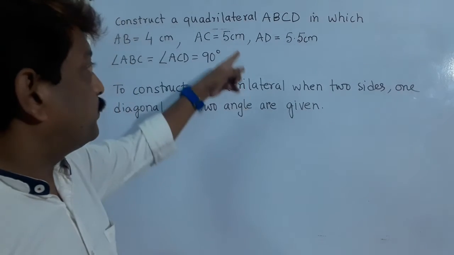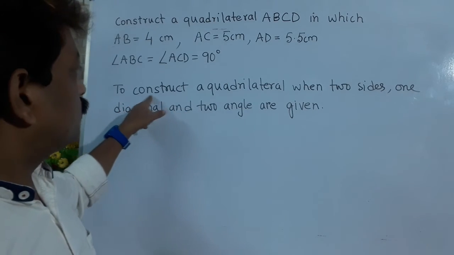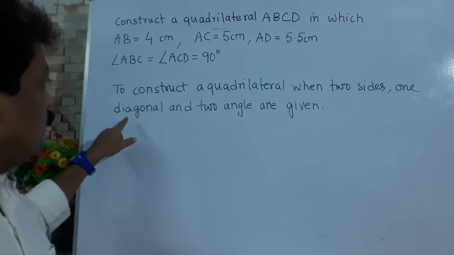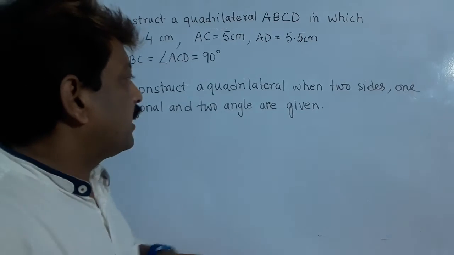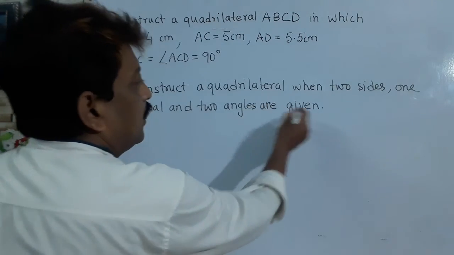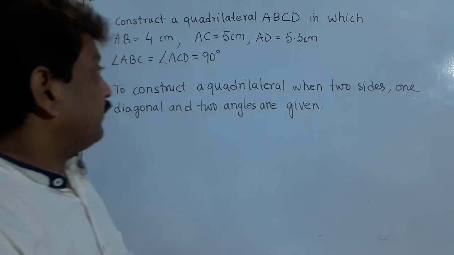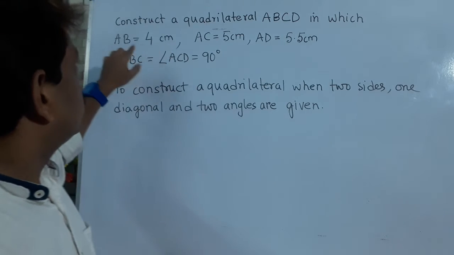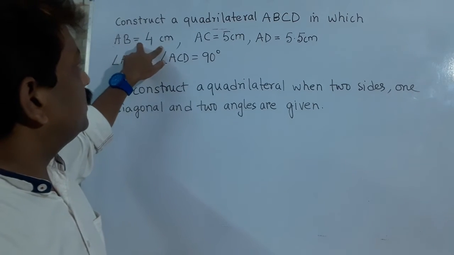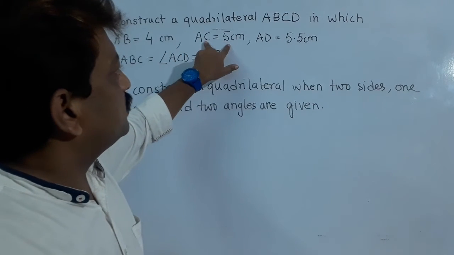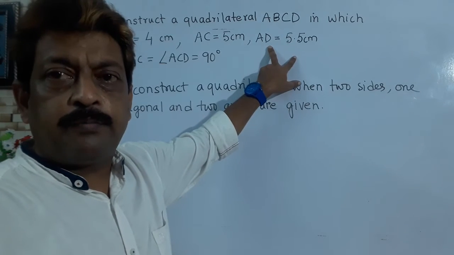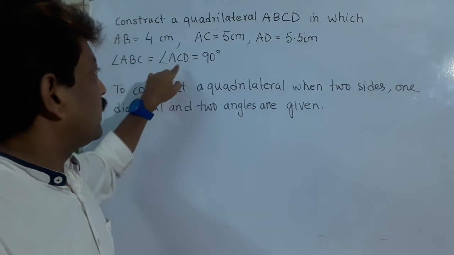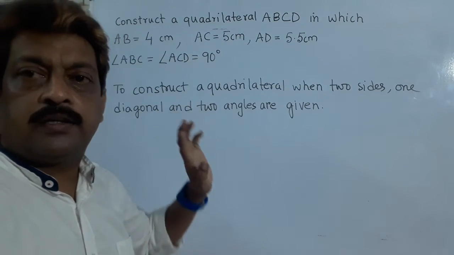So this is the next topic, to construct a quadrilateral when two sides, one diagonal and two angles are given. And the question is, construct a quadrilateral ABCD in which AB equals 4 cm, AC equals 5 cm, AD equals 5.5 cm, angle ABC and angle ACD equal 90 degrees.